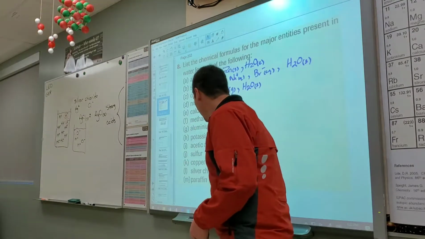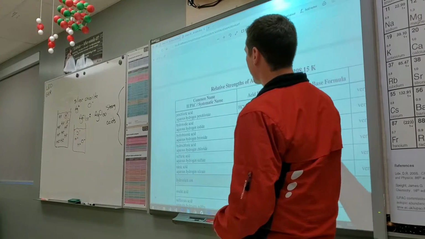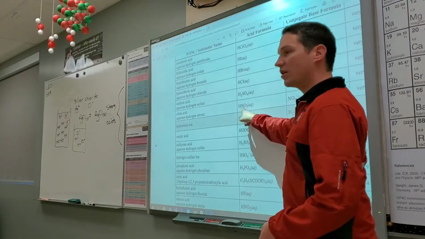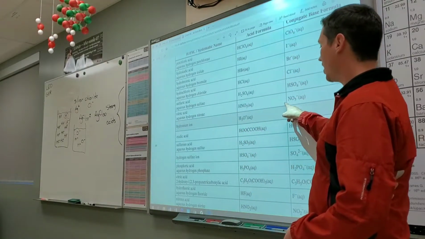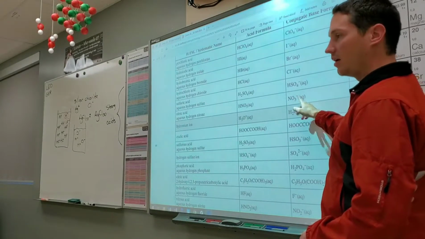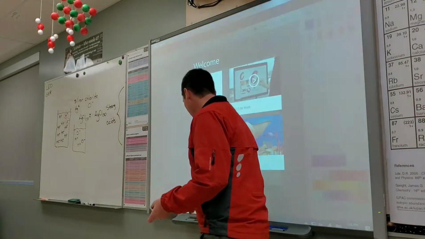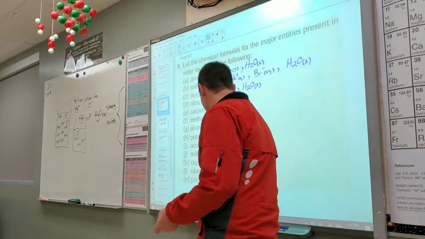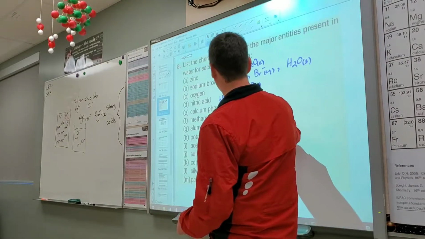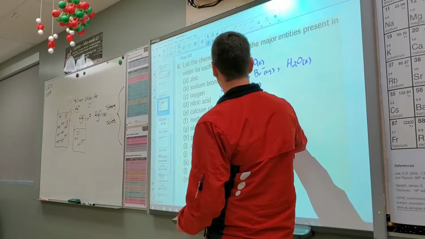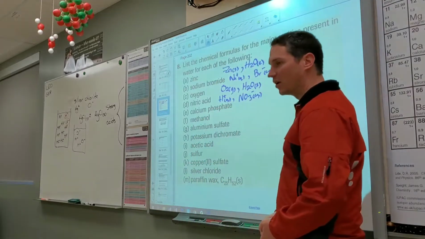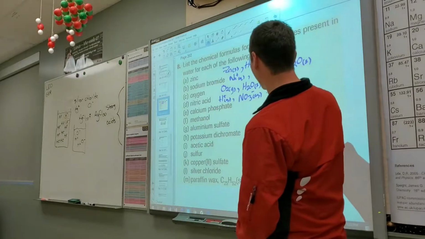Let's use the slidey finger rule. Nitric acid, what does it turn into? An H plus pops off and it turns into NO3 minus. So we're going to have NO3 minus. And what else do we have dissolved in our water? Water.